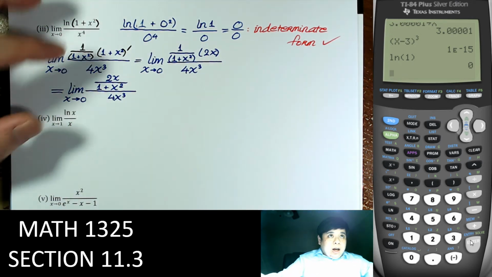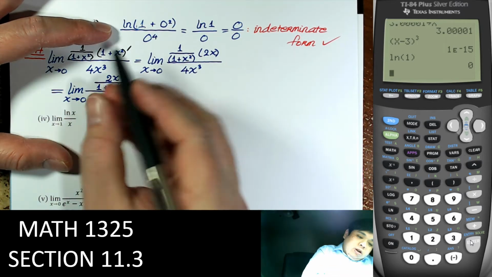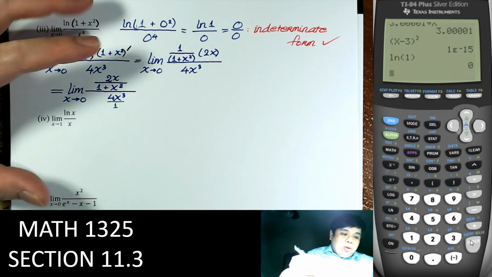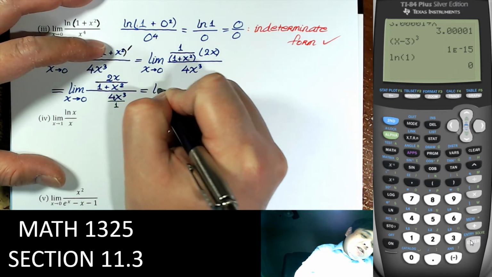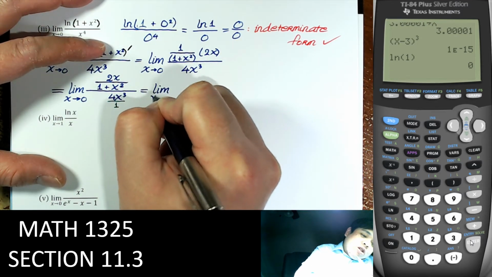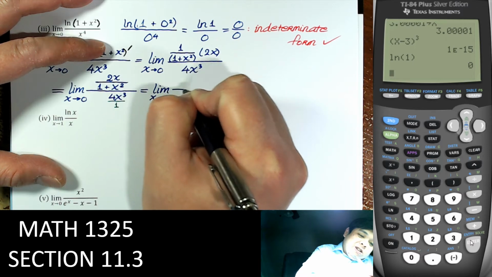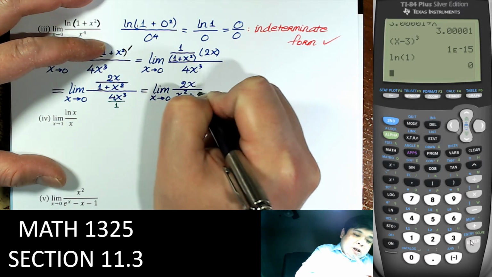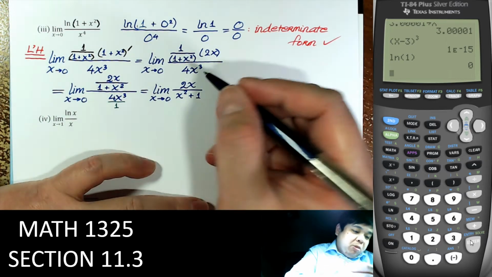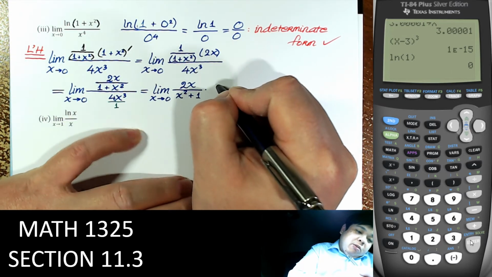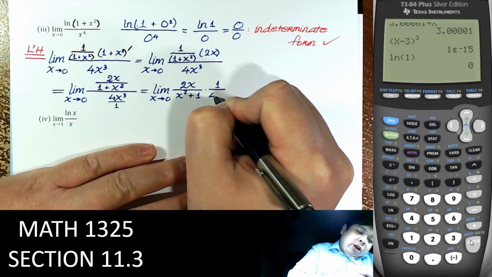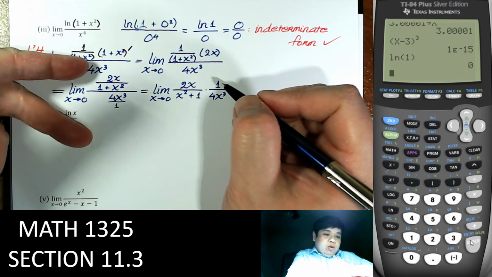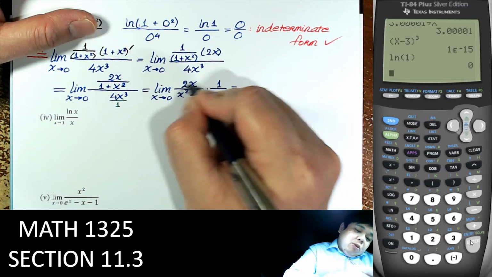We can write 4x cubed over 1. That's still the same thing. So we're going to flip it, meaning multiply by the reciprocal. 1 plus x squared, or x squared plus 1, same thing, and then 1 over 4x cubed. Multiply by the reciprocal, so we flip, and then multiply straight across.